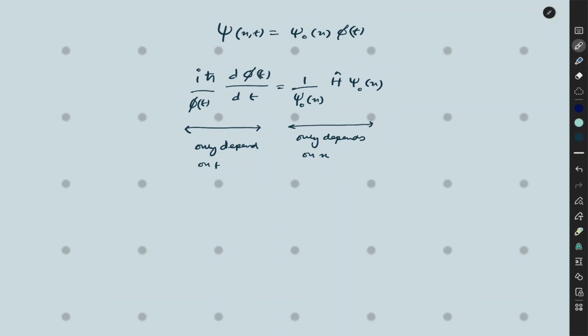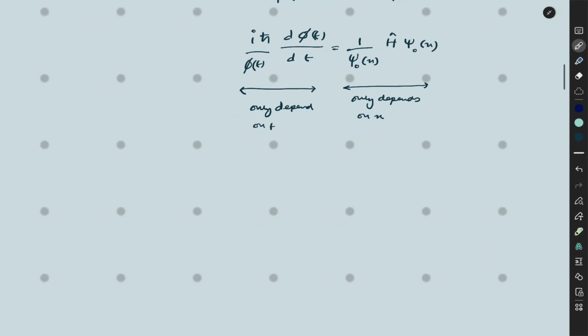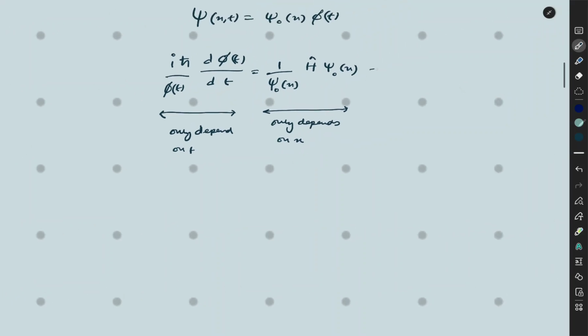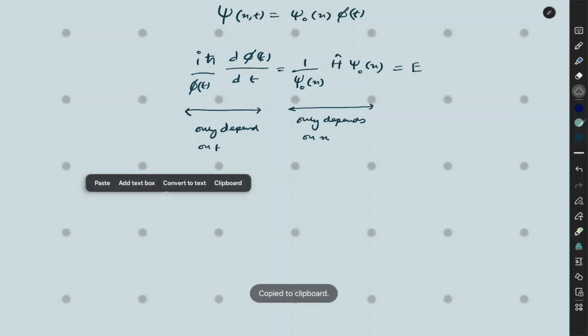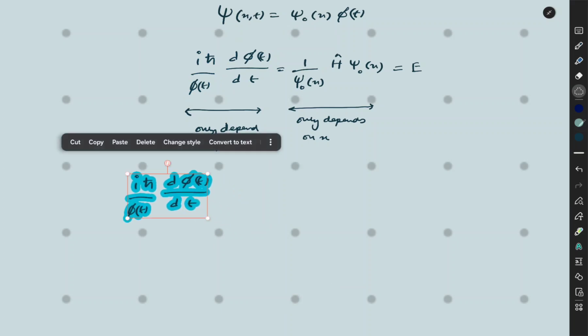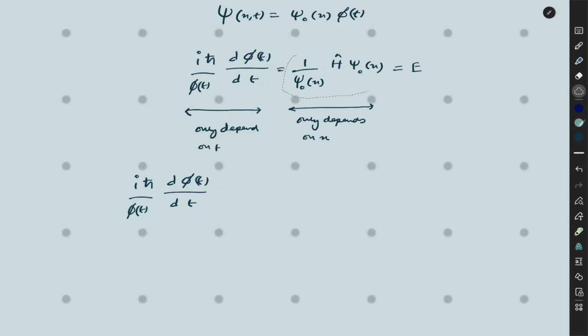The only possible way this equation can be true is if both sides are equal to the same constant. And let us consider this constant as E. So we'll just copy it over here, and also copy this one.